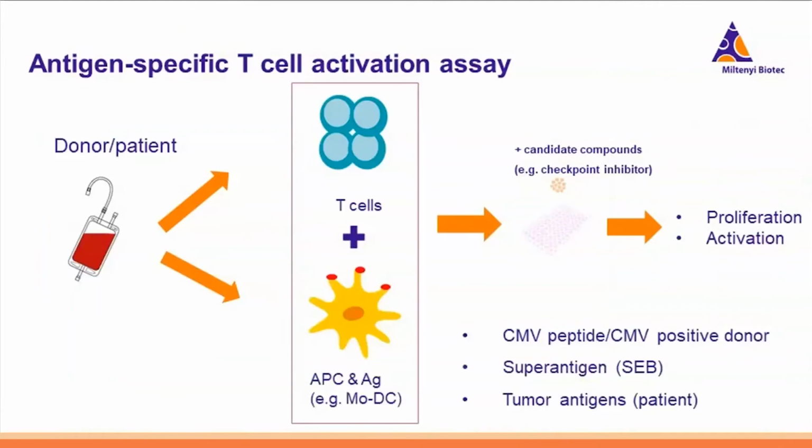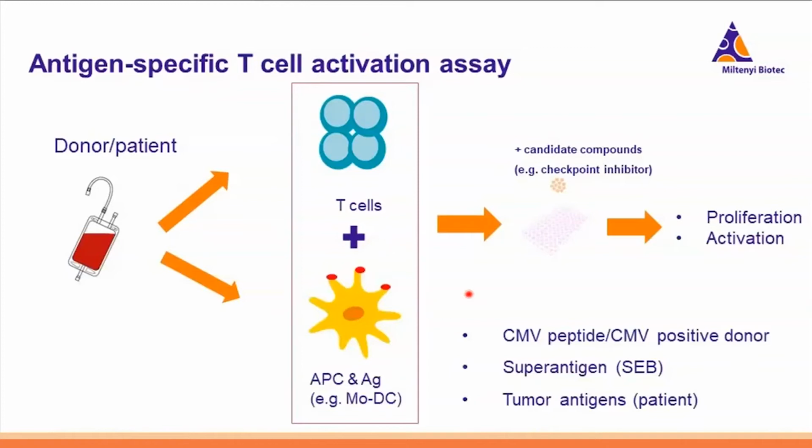Our second assay for today is antigen-specific activation. Here, antigen-presenting cells like dendritic cells are isolated, loaded with antigens, and basically mixed with T cells from the same donor.